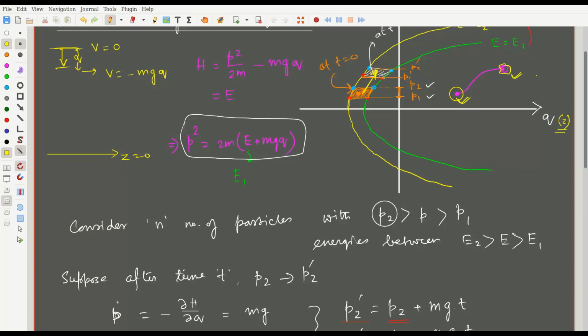Okay, so here you are comparing the density of points around this at time t with the density of points around this at time t equals 0. So you are not comparing the densities at the same time. You are just saying that the time evolution of density remains constant.